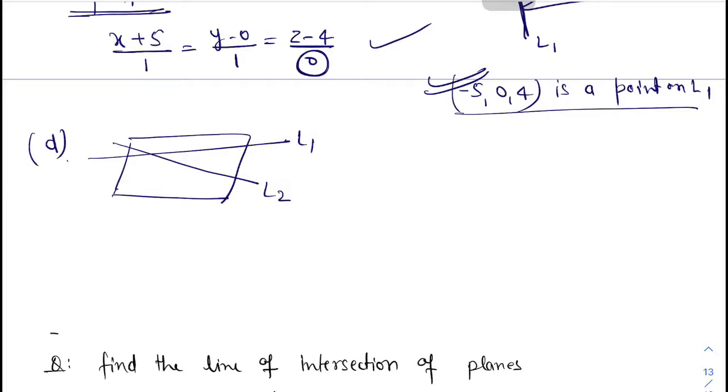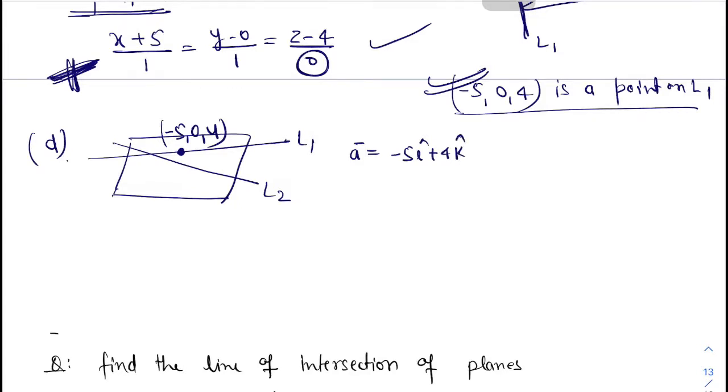We have already written the equation of L1. The point minus 5, 0, 4 is lying on the line L1, and L1 is completely lying inside the plane, hence the point minus 5, 0 and 4 is also in the plane. So we already have a point that is inside the plane.